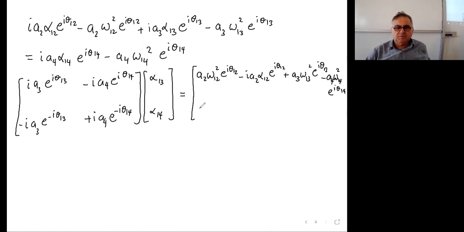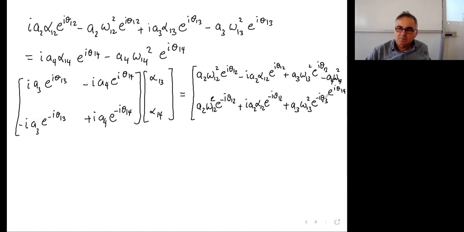Then we have the conjugate of this, which is A2 omega 1, plus minus A4, minus 5. So this is the right hand side.